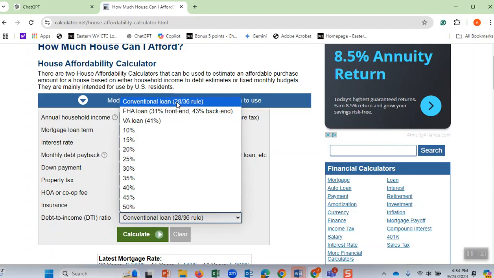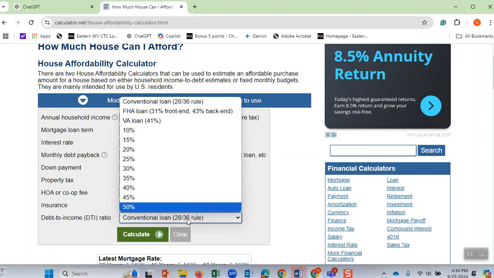Therefore, they will let you maybe put 36% of your salary. This 36% of your salary can go annually for payment of your mortgage and other costs. And therefore, for now, we go with the conventional loan.